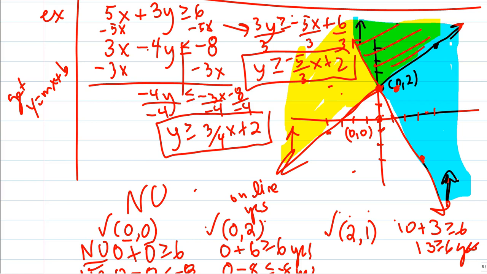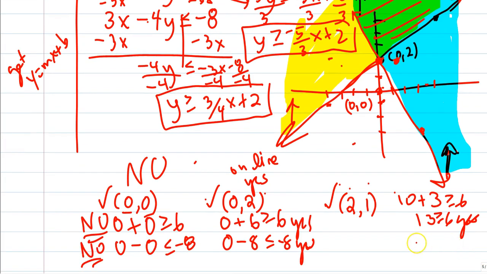But for it to be true, it has to work for both. So let's check. 3 times 2 is 6, minus 4 times 1 is 4. Is 2 less than or equal to negative 8? No, it's not. So even though this worked for 1, even though it was in the shaded region for 1, this is not a solution.